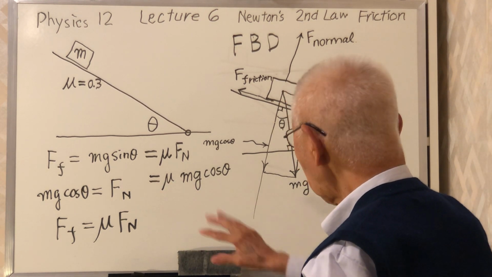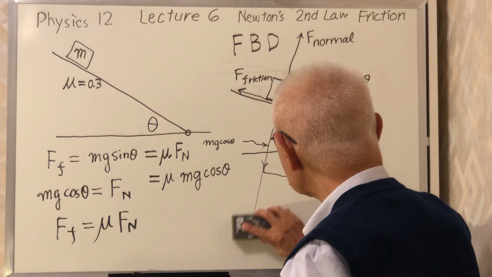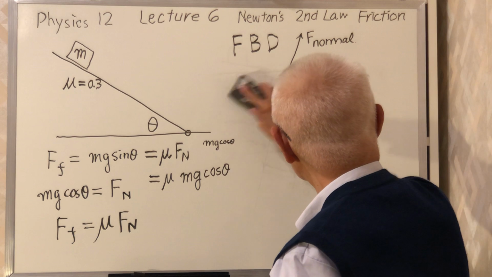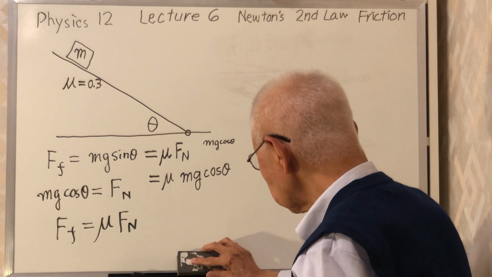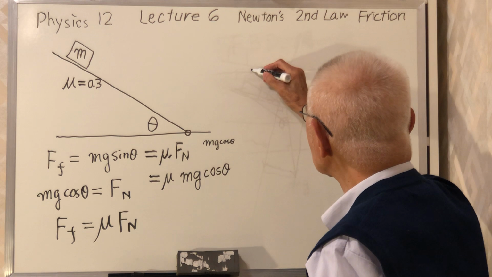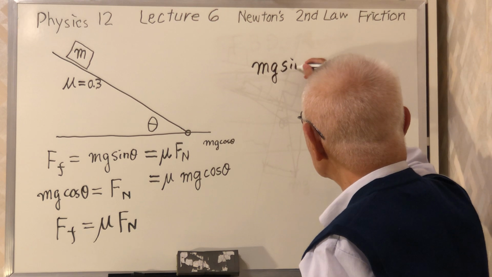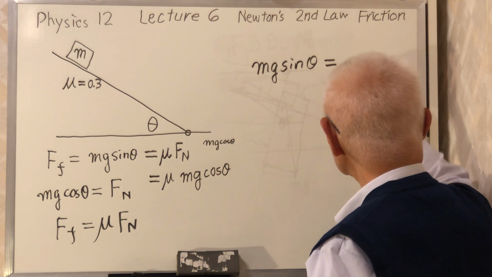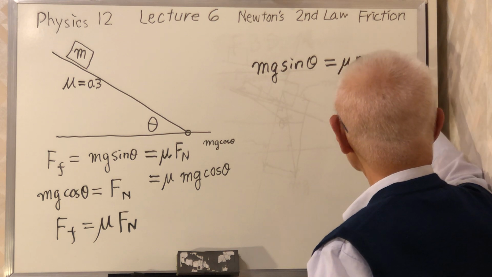Okay. I need more space. Let me erase this part. So mg sine theta is equal to mu mg cosine theta.